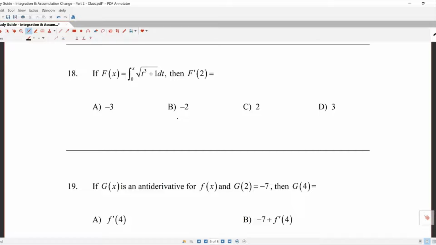18. Okay. If f is equal to this, then f prime of 2. So let's start by finding f prime of x. That would be the derivative of this. This is the fundamental theorem of calculus, part 2. So this just comes out to be x cubed plus 1, the square root of that.